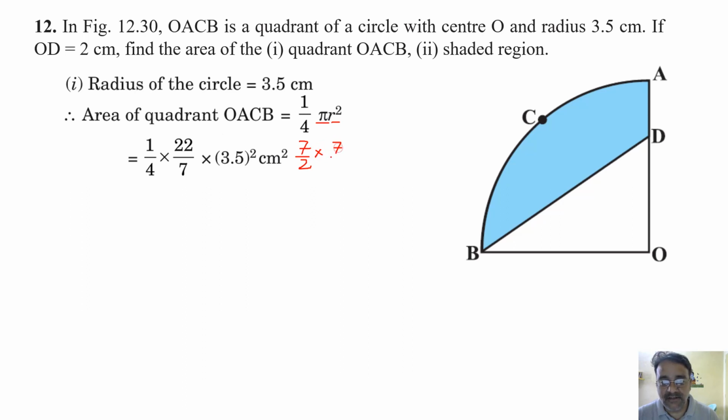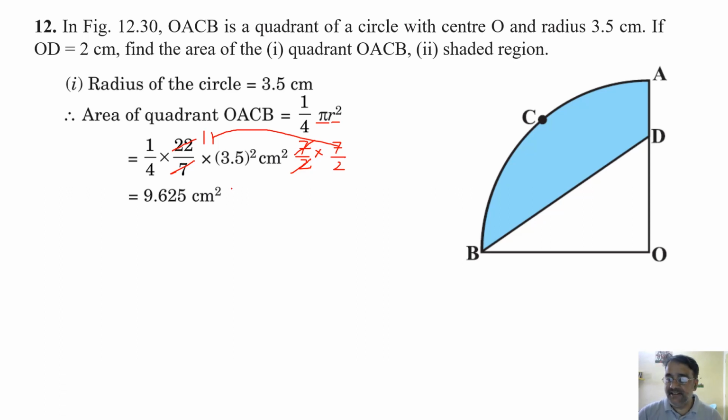I'm going to write this 7 by 2 in place of this. So one 7 you can cancel, and one 2 also you can cancel here. So I'm getting 77 by 8. 77 by 8 will be equal to 9.625 centimeter square. Okay, so you can do it directly also by taking 3.5 or 7 by 2 also.